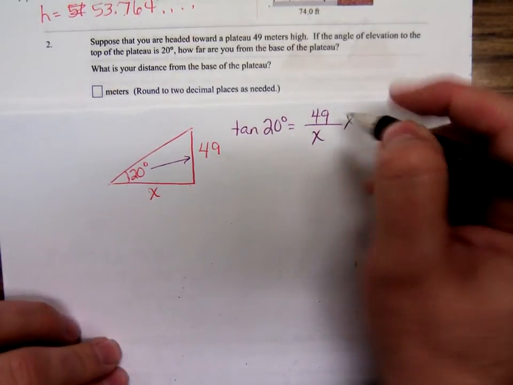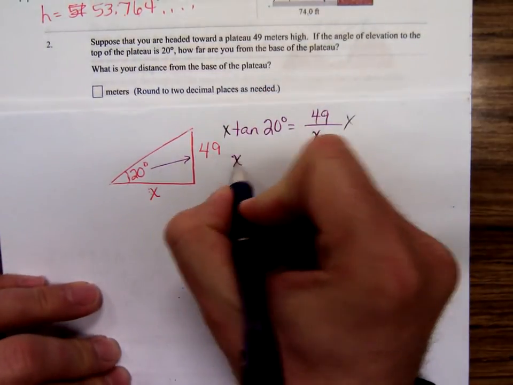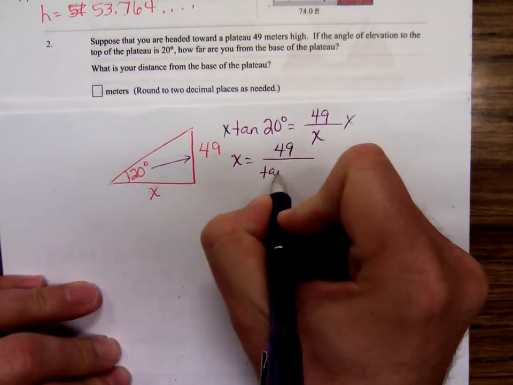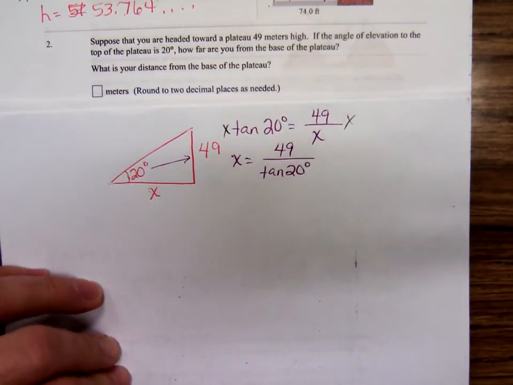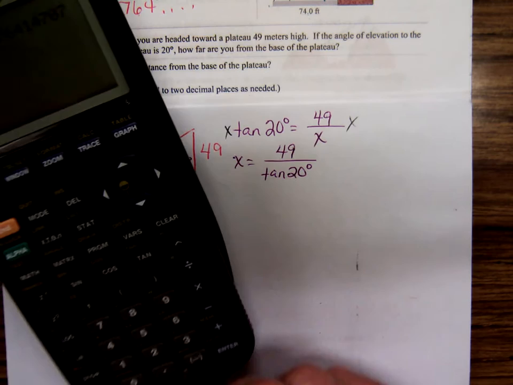Multiply both sides by x, and then divide both sides by tangent 20 degrees. See if you agree with that: x equals 49 divided by tangent 20 degrees. That's what I'm going to have to punch into my calculator.